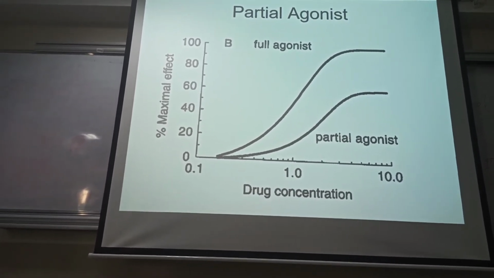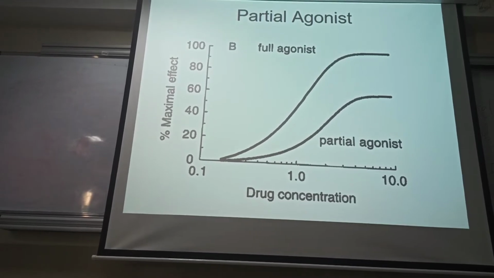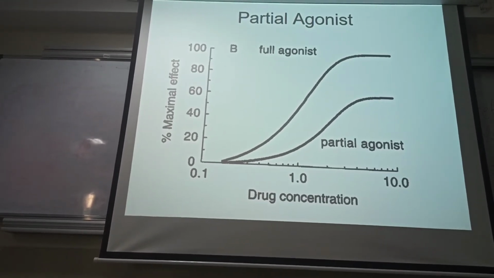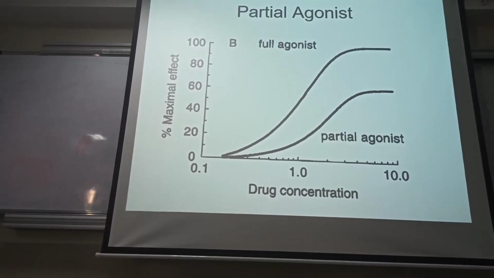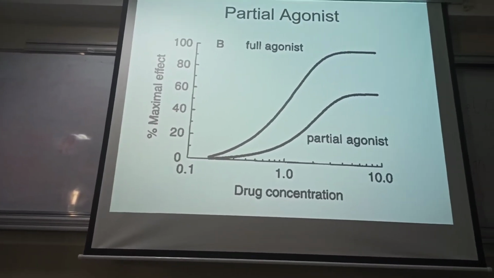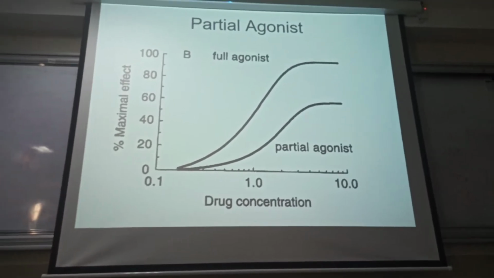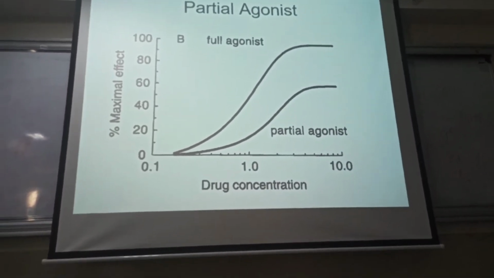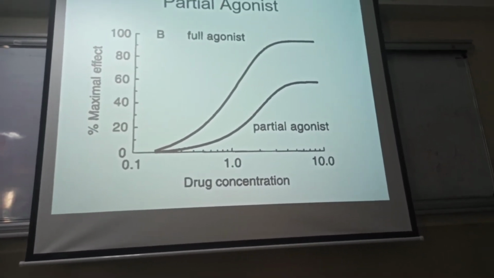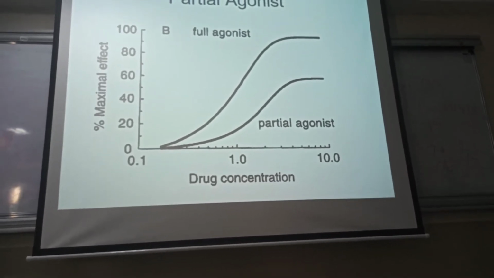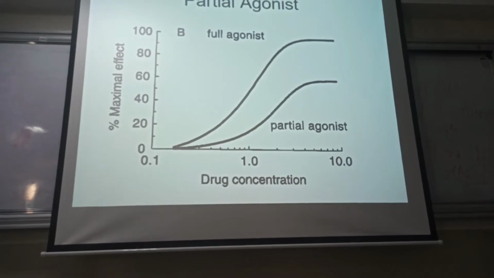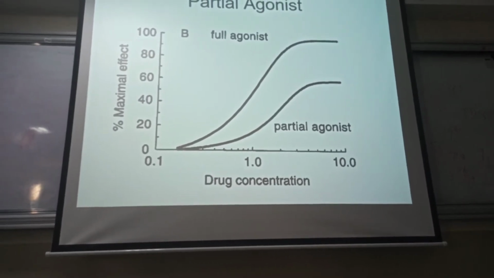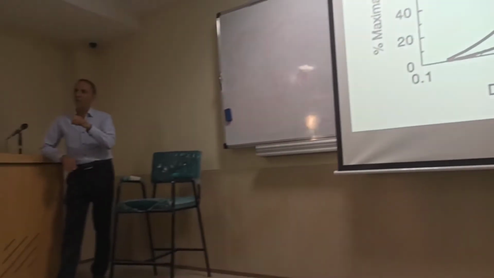What happens if we use partial agonist and full agonist simultaneously, at the same time? If we use both full agonist and partial agonist, what happens? Some receptors will be occupied by partial agonists.